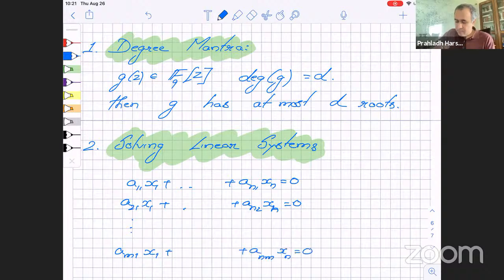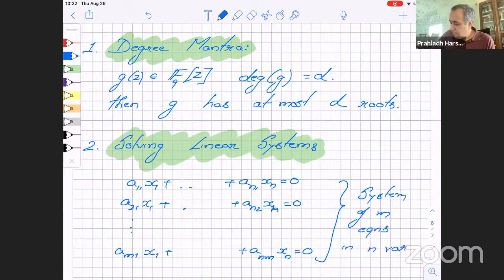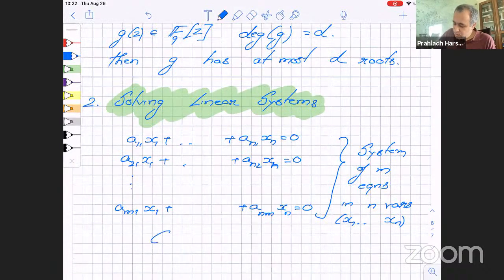Possibly I should have swapped the row and column things, but right. So I'm giving you a system of m equations in n variables. The variables being x1 to xn, and the coefficients, that is the aij's, are all sitting in the field Fq.